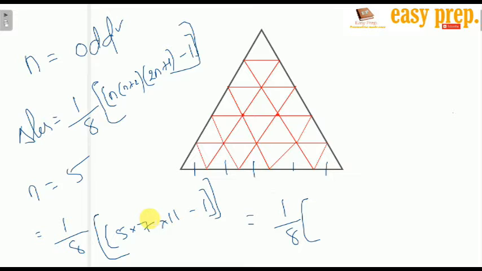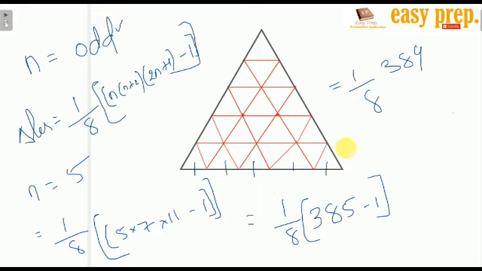35 into 11 0. So else 11 into 7, 77, 77 fives, 770 by 2, that is 385, minus 1 equal to 1 by 8 into 384.